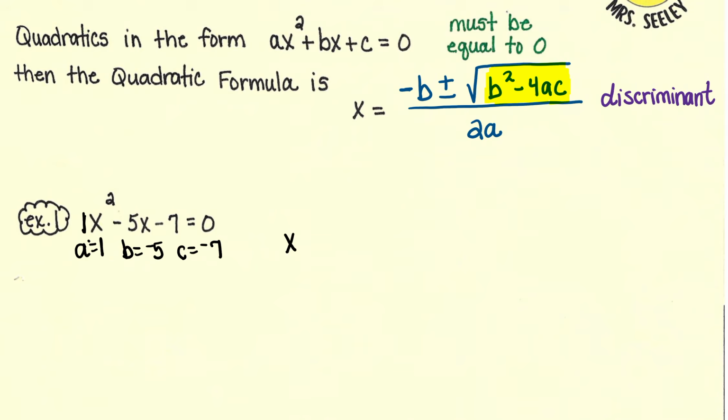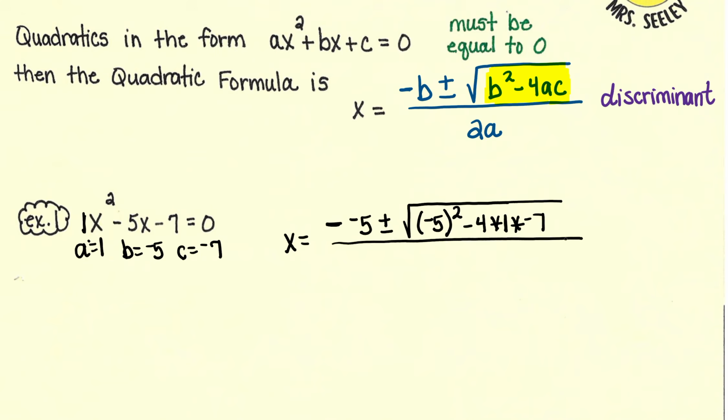So that says x equals negative b, which is negative 5, plus or minus the square root of b, which is negative 5 squared, minus 4 times 1 times c, or negative 7, all over 2 times your a value.